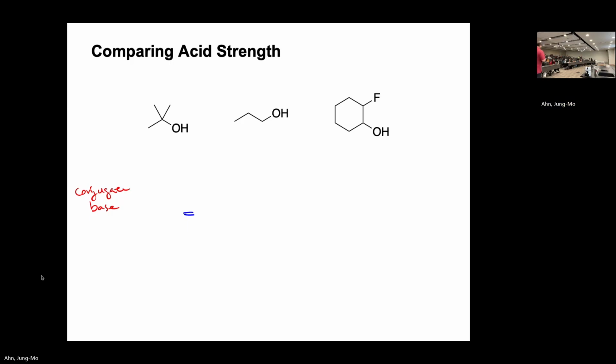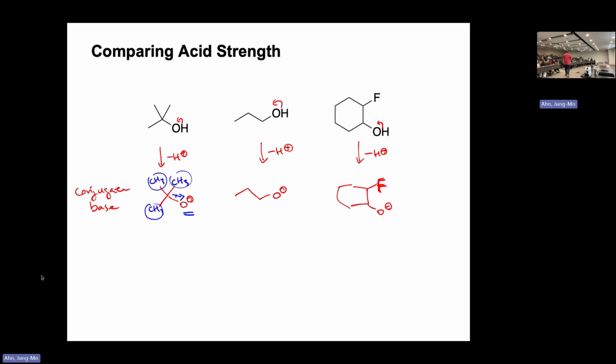The most acidic proton in this molecule is the hydrogen on the oxygen. Same thing for that one, and same thing for this one. So the conjugate bases of all 3 have a negatively charged oxygen. Same size, same electronegativity, and you can see that all of them will make a resonance structure.